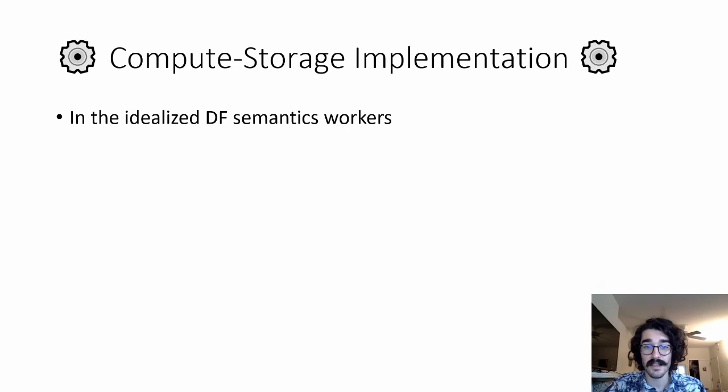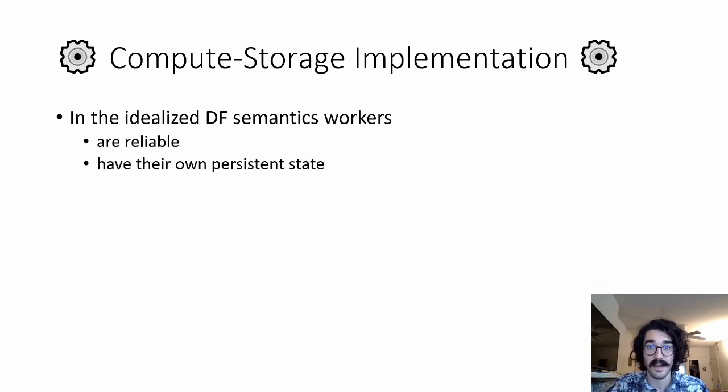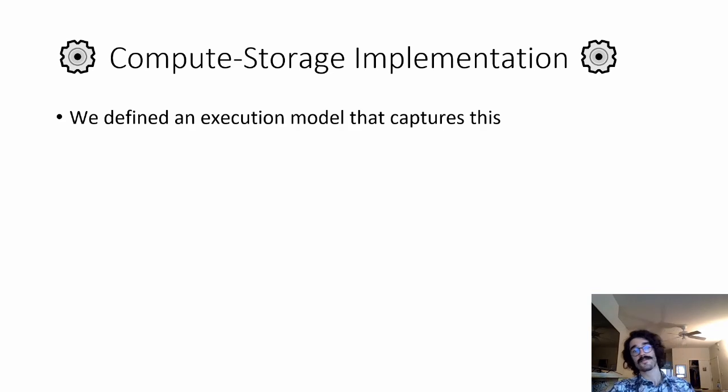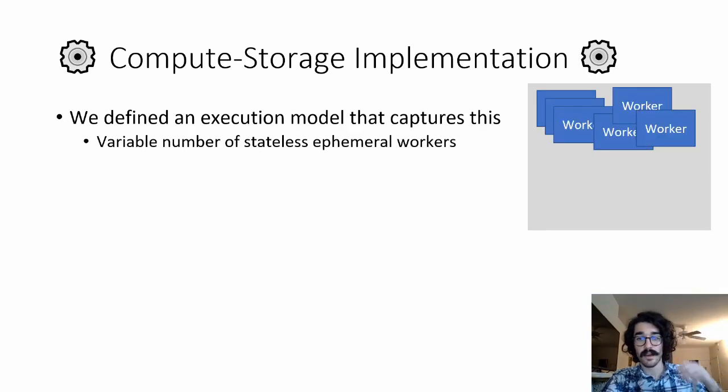In the idealized durable function semantics, workers are reliable and have their own persistent state. The reality, however, is that the friendship between compute and storage is gone. They are not friends anymore, and they are separated. And so we defined an execution model that captures this. There is a variable number of stateless ephemeral workers.